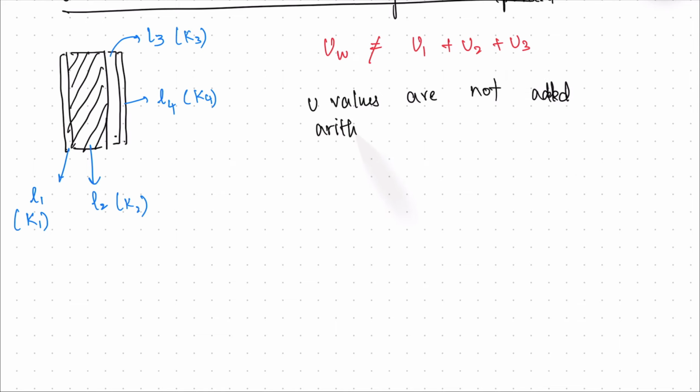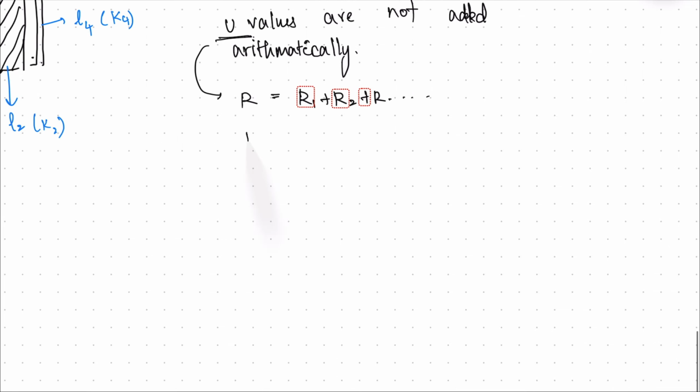But the reciprocal of U value, which is your R value, can be added arithmetically, and your R is nothing but 1 by U. So your 1 by U1 plus 1 by U2 plus 1 by U3 can be added.